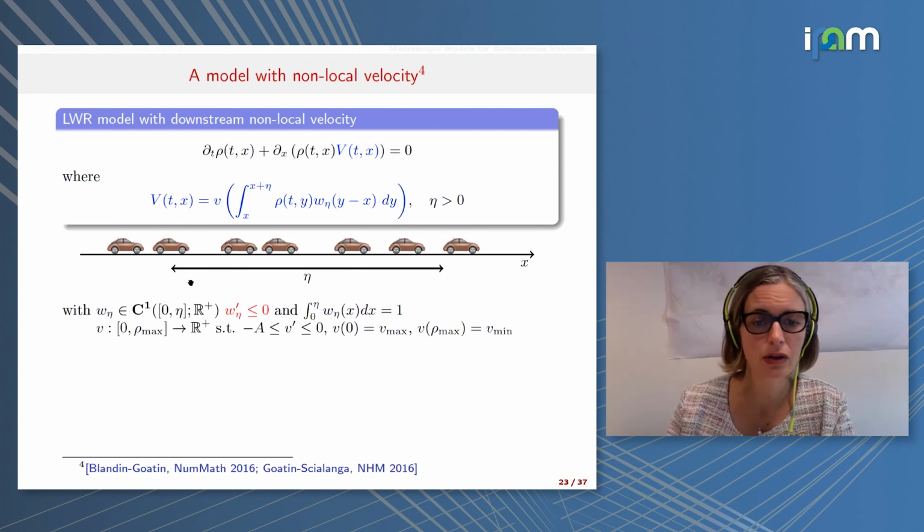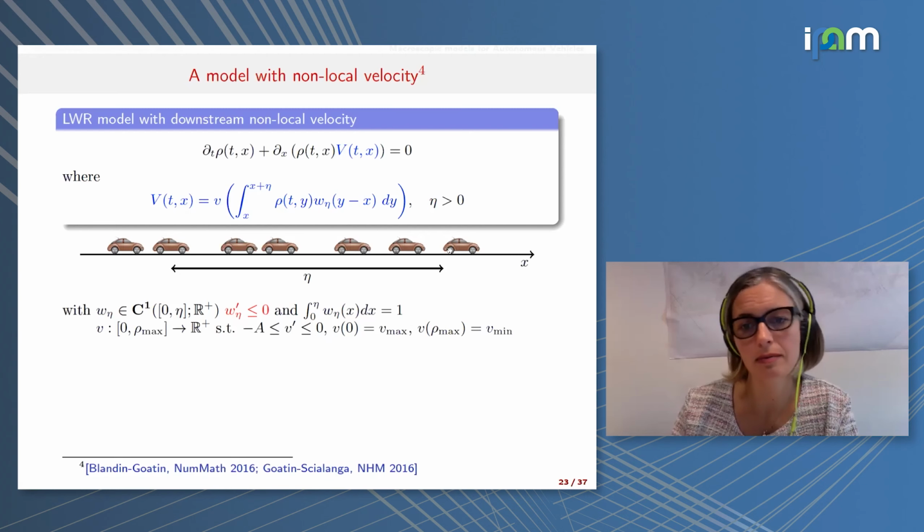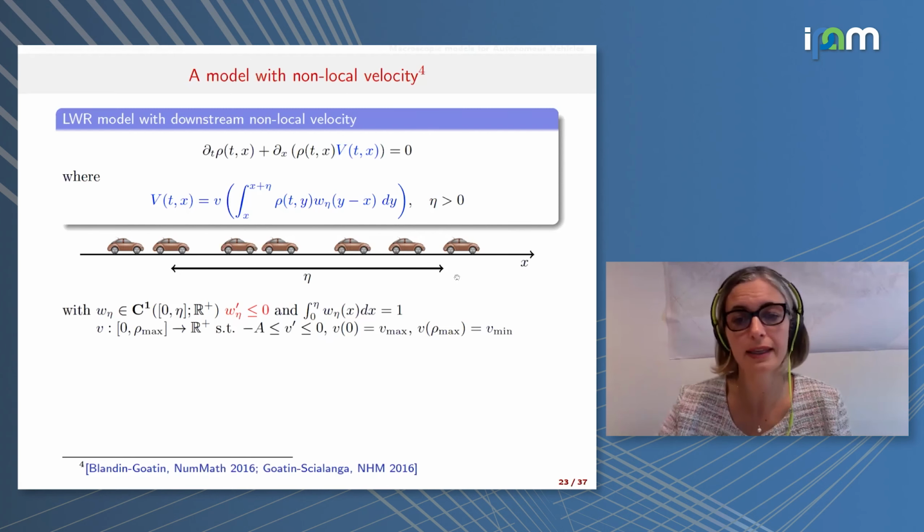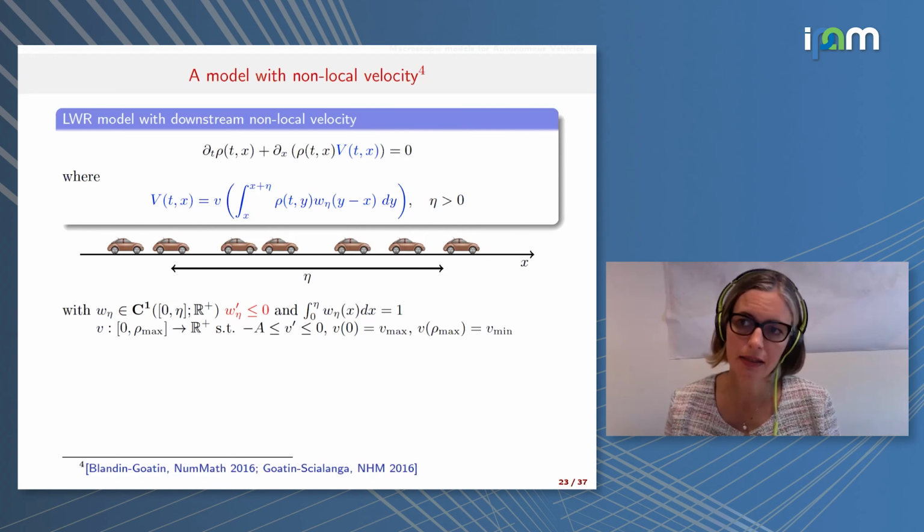So in practice, if I'm here, I'm looking forward, and instead of just looking at this car, I'm taking an average of the density in front of me on some interval of length eta, and I'm considering this average density to adjust my speed.